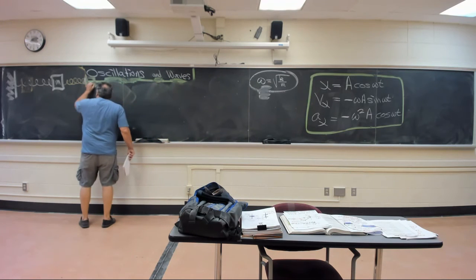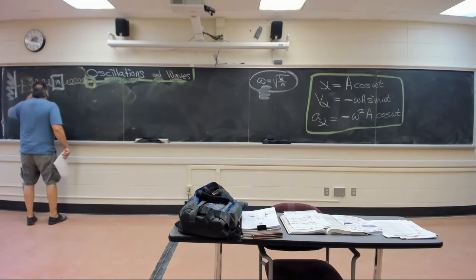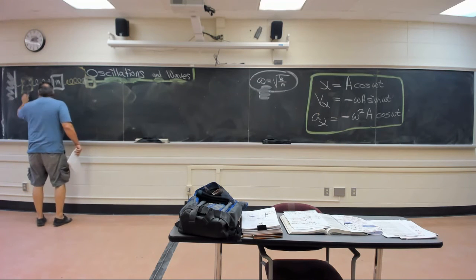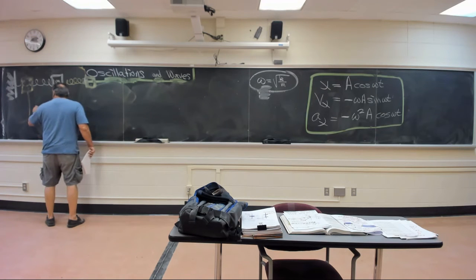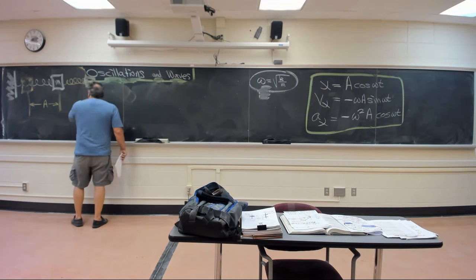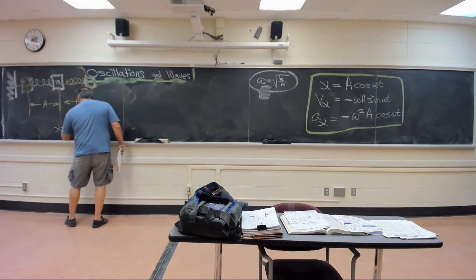So we got this, and this right here is the amplitude. This distance right here is amplitude A. This is called x equals 0.